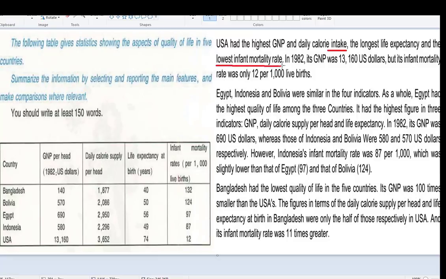Yeah, see, these phrases, if you just copy them from here, I think in this particular instance, that's okay. Egypt, Indonesia, and Bolivia were similar in the 4 indicators. Had similar numbers, not were similar in the 4 indicators. So there's some faulty vocabulary used here.